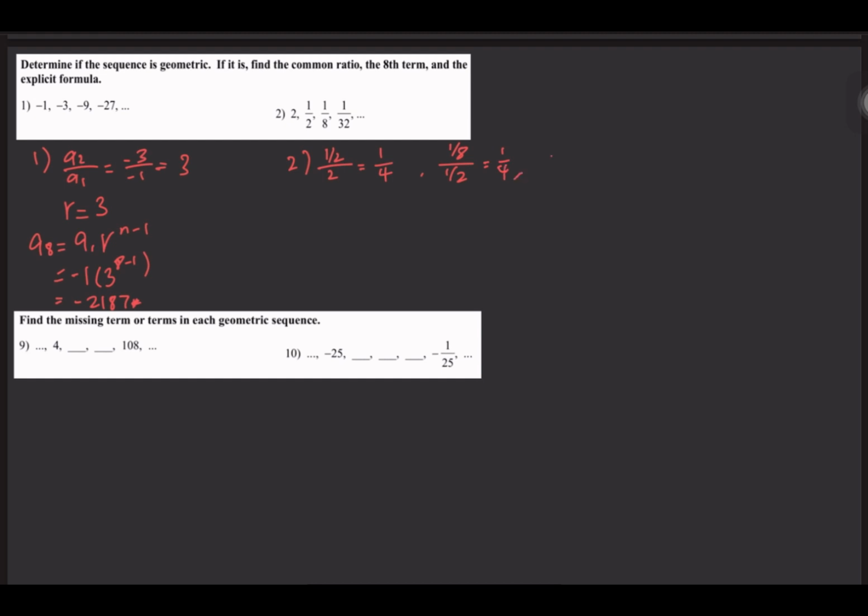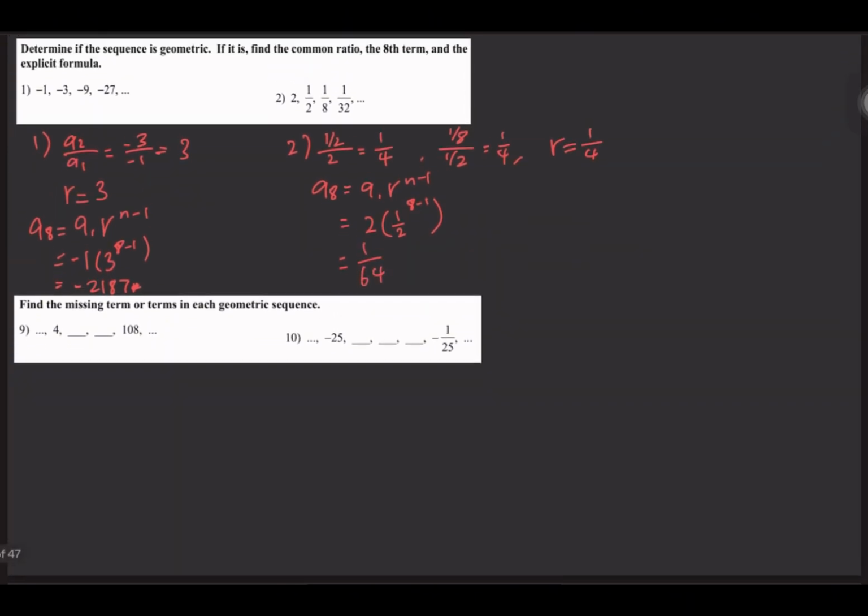That means the common ratio is 1/4 and it's geometric actually. So we want to find the 8th term. The first term times r to the power of n minus 1 equals: first term is 2, ratio is 1/4, power of 8 minus 1. You'll get 1/64.